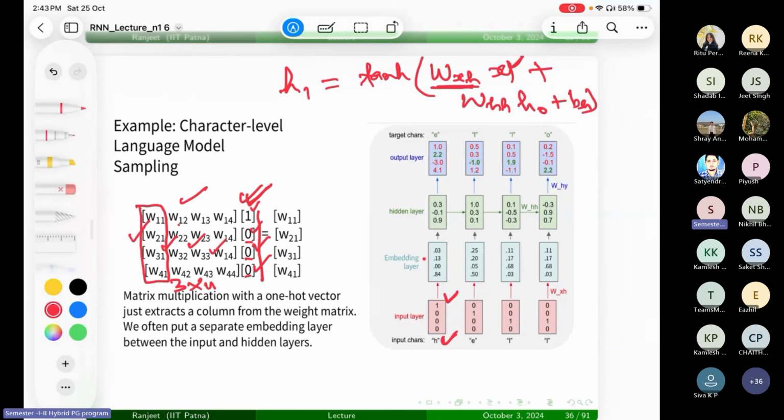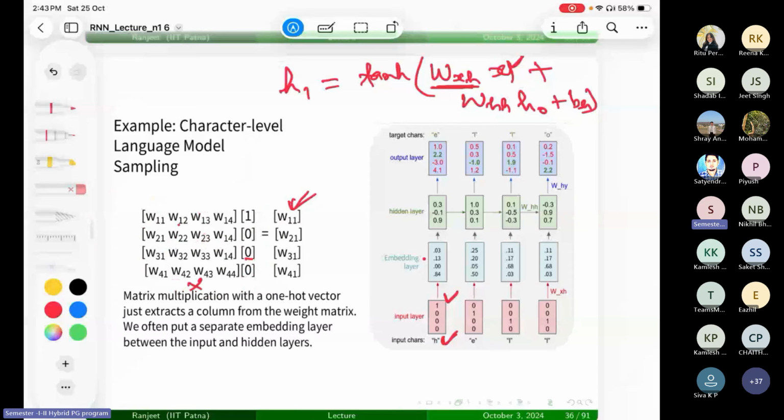Okay, whichever step you are following, only this first column is getting involved for getting this output, because the others are getting multiplied with 0.